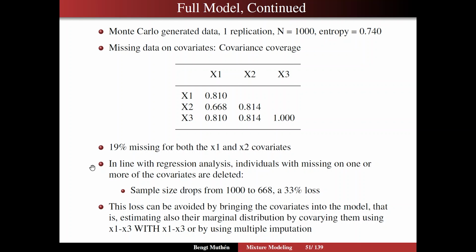Now, in line with regression analysis, individuals with missing on one or more of the covariates are deleted in the analysis with covariates when you don't take into account the missing data. And then the sample size drops from 1000 to 668, which is a 33% loss, a pretty big loss. 0.668 is the same as this number here, where that's the case where X1 and X2 are both observed.